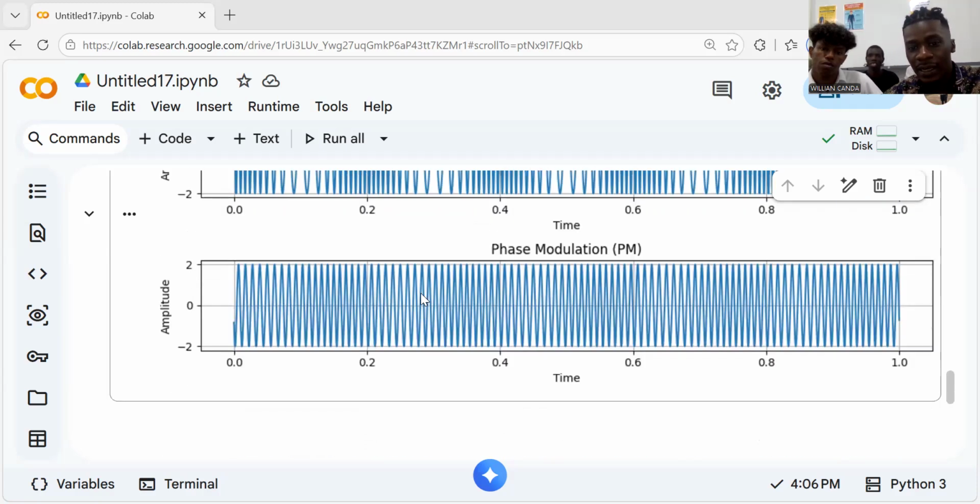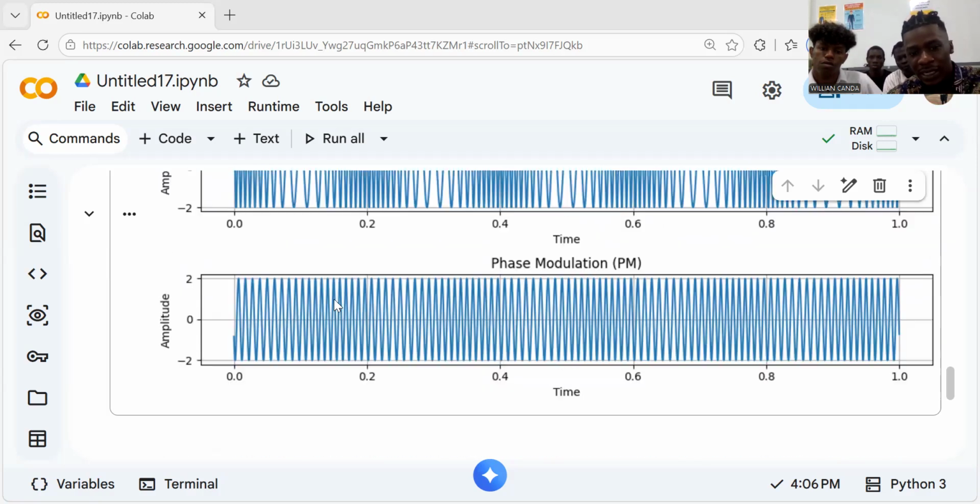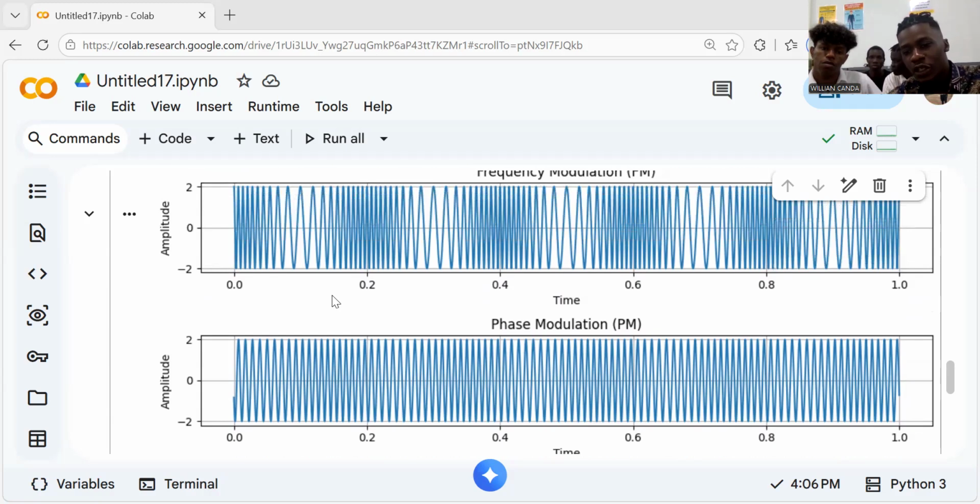For phase modulation, it is different. In this case, the frequency is changed, but not directly. It changes indirectly, so you can see in this graphic that the frequency modulation doesn't really change that much compared to the phase modulation, PM. Maybe because of the graphic, the phase modulation looks more thin than the frequency one.